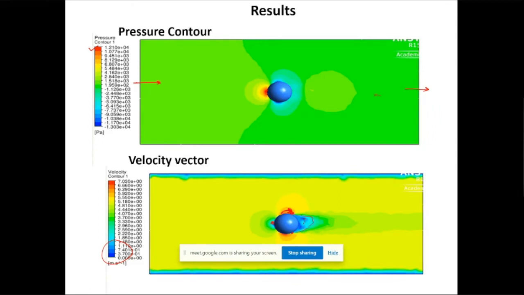So this way, using CFD, you can extract all the fluid flow information once the results are with you.